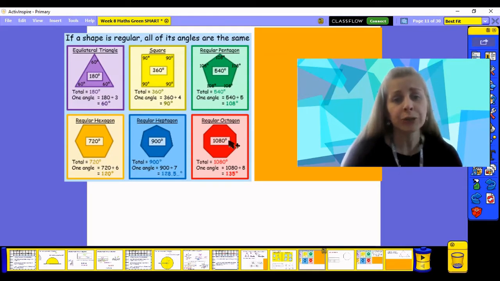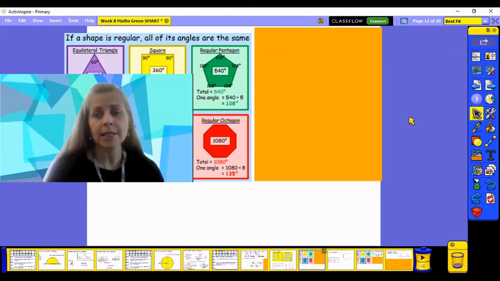So that's the total of all of the interior angles added together. And if we're thinking about regular shapes, or we're trying to find out how many degrees in total the interior angles add up to, there is a formula that we can use. This formula is on your help sheet, and it has two stages to it.